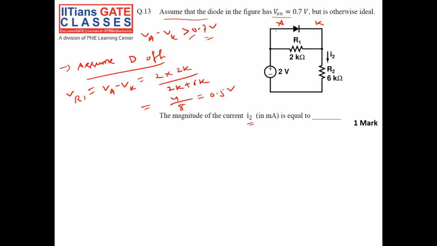Since V anode minus V cathode, when I assume it is open, is 0.5 volt, the diode definitely is not on. The assumption that the diode is off is right. So the diode is off. If the diode is off, let me build the equivalent circuit.